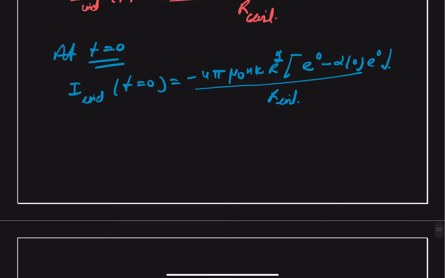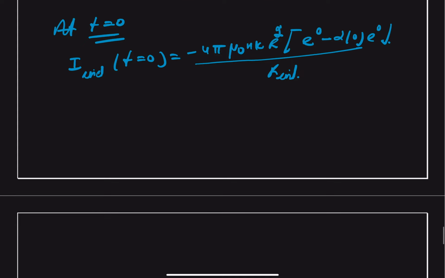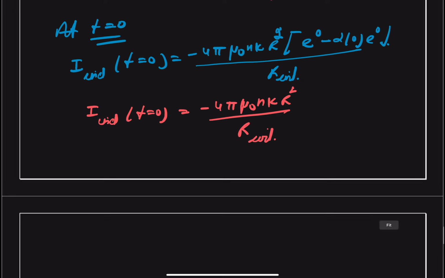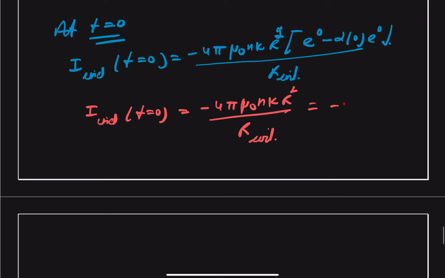So we get I induced at t is equal to 0 equal to minus 4 pi mu naught n k r square divided by R coil. It means its value will be negative, so it is going to start with a negative value.